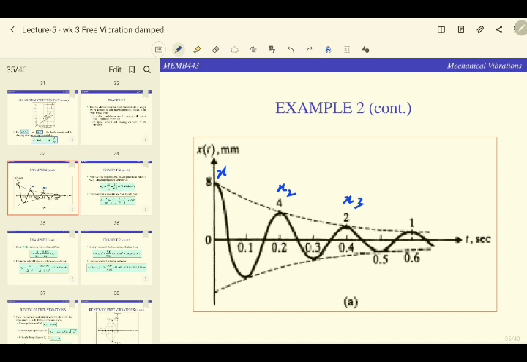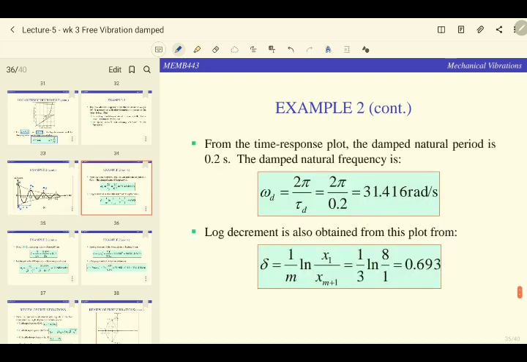When we measure the period peak to peak, like this one, it is actually 0.2. So tau d is equal to 0.2. From the time response, the damped natural period is 0.2. So you can calculate your omega d. You can also calculate your logarithmic decrement.